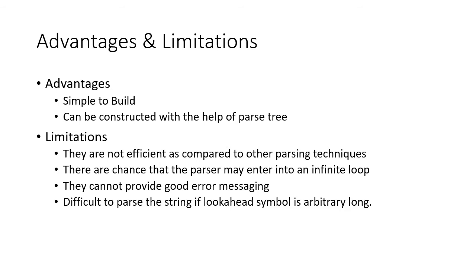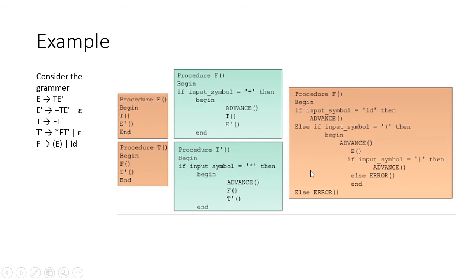Now let's look at the advantages and limitations. It is simple to build, and can be constructed with the help of the parse tree. So it is very simple to build a program for it. But the limitations are that they are not efficient as compared to other parsing techniques. There are chances that parsing may enter into an infinite loop, huge chances.